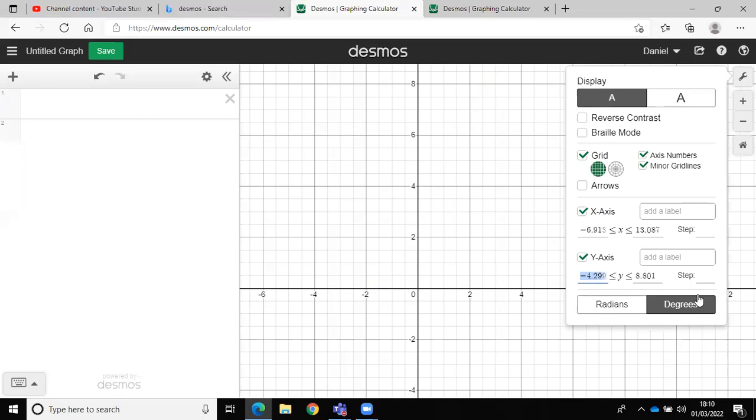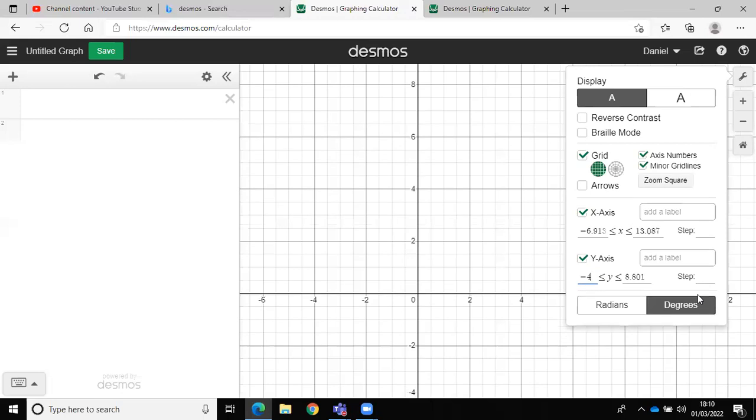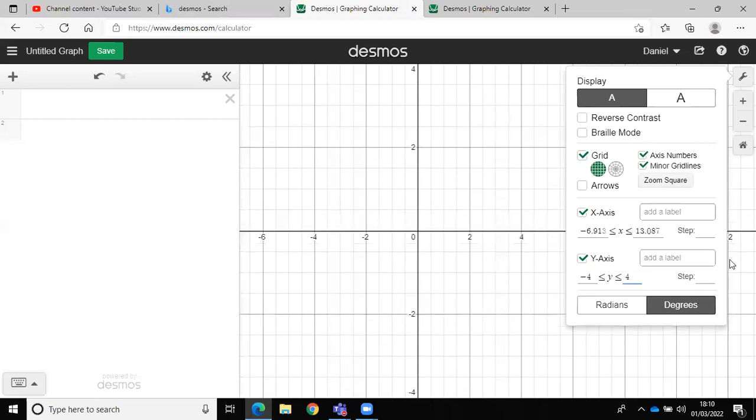This depends how big your graph is going to be, how big the amplitude is going to be. So I'll put 4, -4. Just remember y is greater than or equal to -4. So -4 is on the y-axis there, and then +4 is above the 0 line.